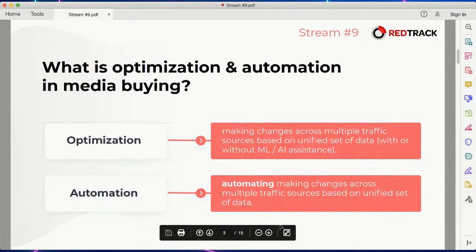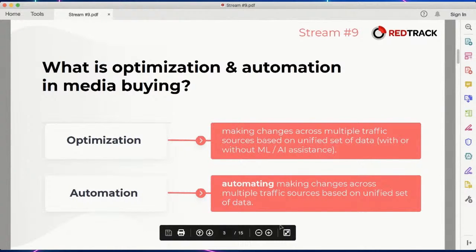You just set the final KPI and have zero control over the actions that are being done by the system, while automation is something different, also serves the same goal, when the changes also happen automatically, but they follow the strict rules that are set by you.